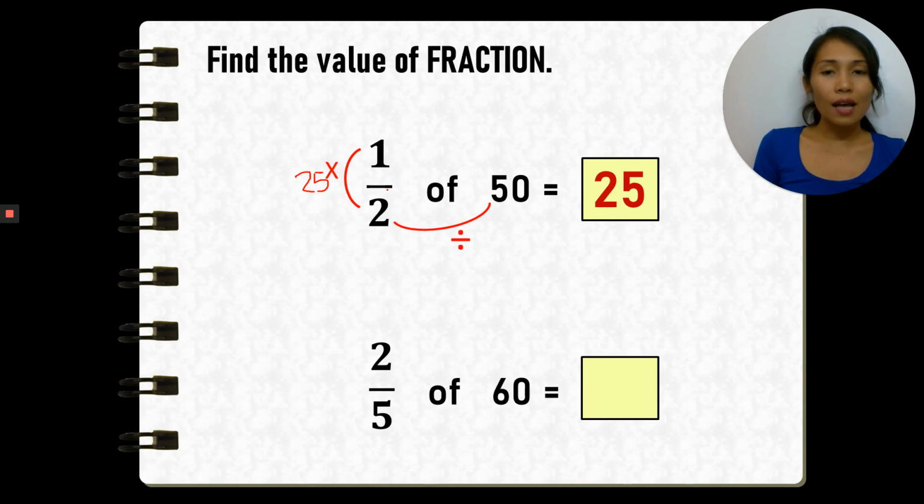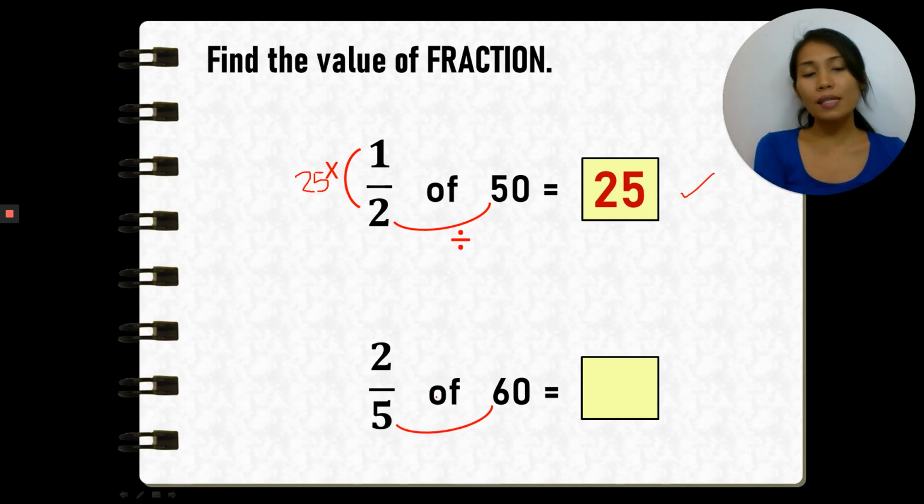It's correct. Half means 0.5. Half of 50 is 25. Now, let's find the 2/5 of 60. Same thing. 60 divided by 5 equals 12, and then you multiply it to 2. So 12 times 2 equals 24.